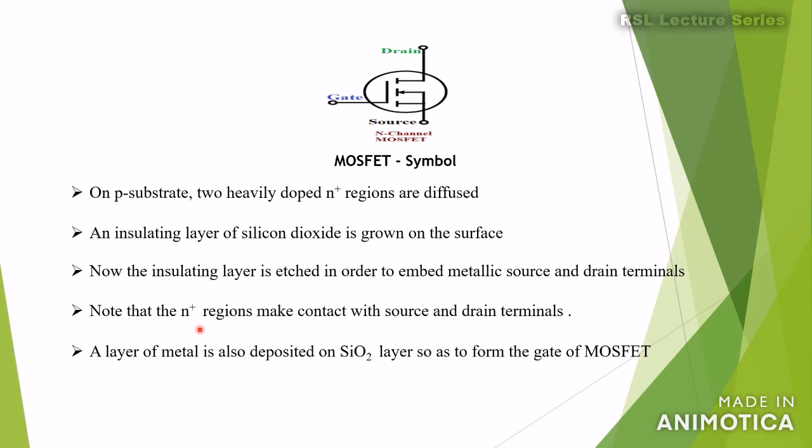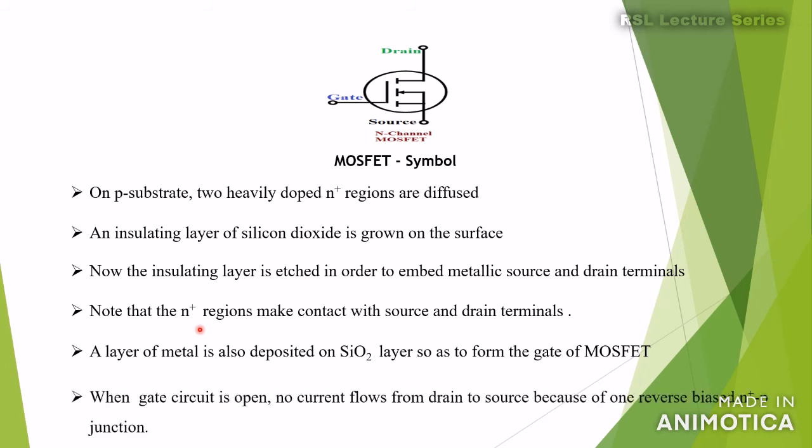Above the silicon dioxide layer, a metallic plate is deposited in order to bring out the gate terminal of the MOSFET. When the gate is open, one reverse bias junction will be formed across the n plus and p region, and as a result no current will flow through the device.